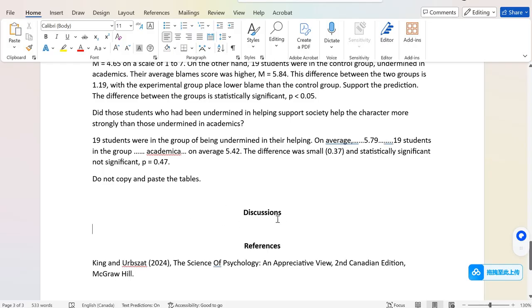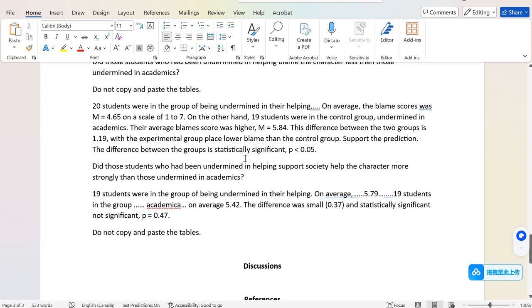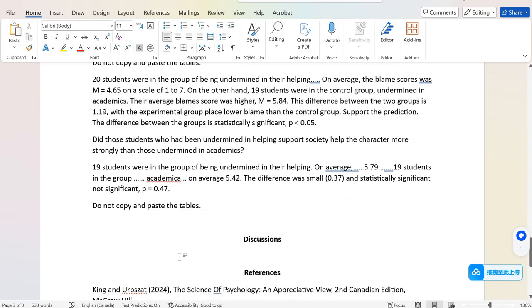And after that, you just write a discussion. You summarize the results, summarize the findings, and speculate a little bit about the hypotheses. One hypothesis was supported. Students in the experimental condition did blame Joe less than those in the control group. But for the other hypothesis, in helping, there was not too much difference.